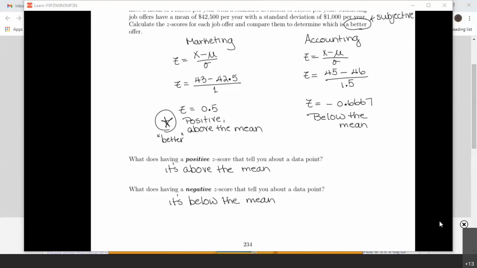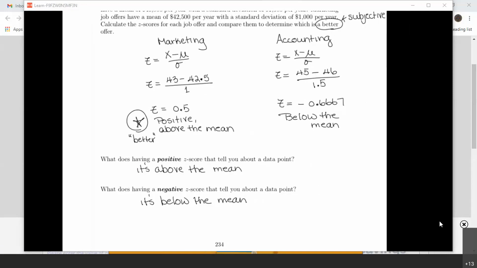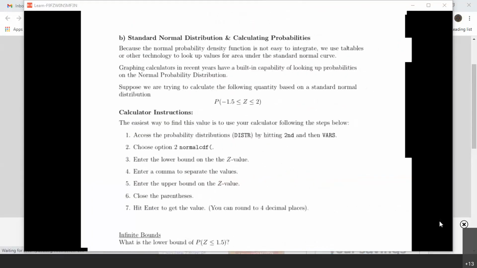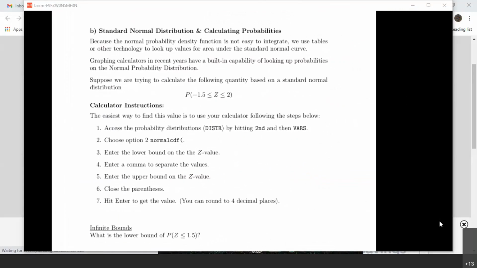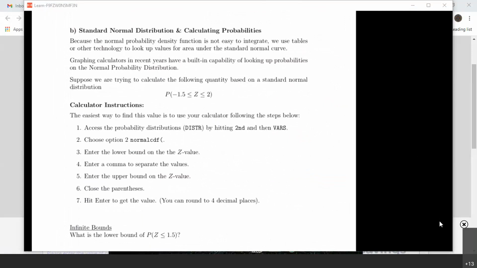Let's take again a look at our normal curve. I think I have a problem here. Hold on. So this is how you do normal probabilities on the TI-84.